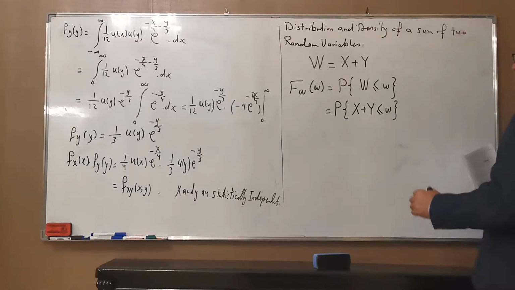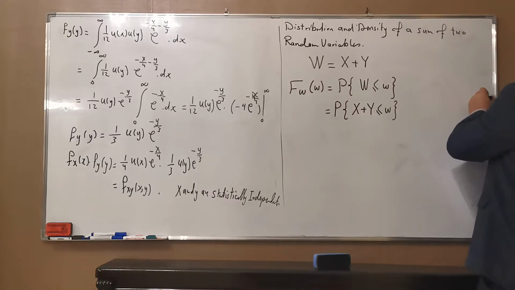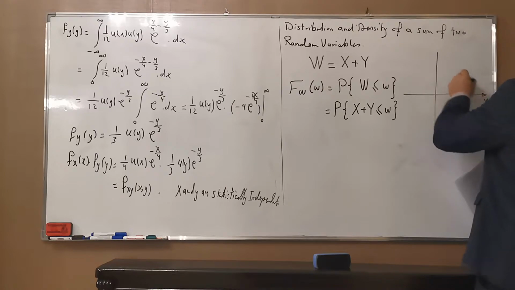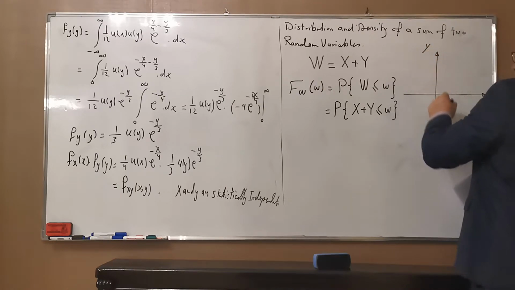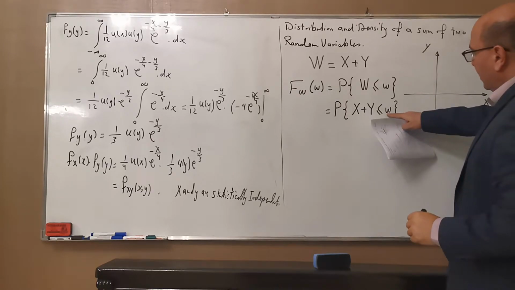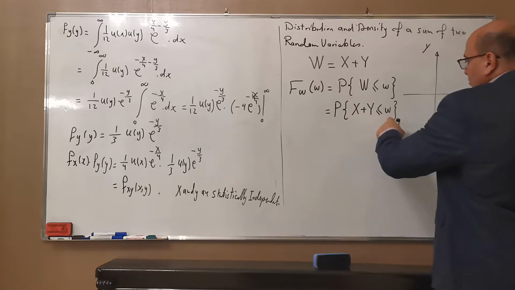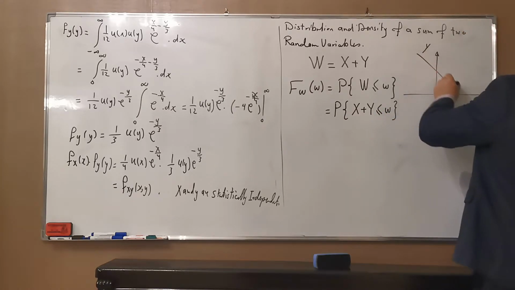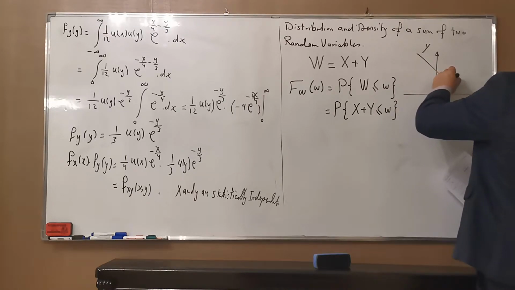Okay. If we are looking at this one here, we can say that you have a random variable X, you have a random variable Y, and w is a variable. So this means that this is a range in the XY plane, and it is like this. This is X plus Y equals w.